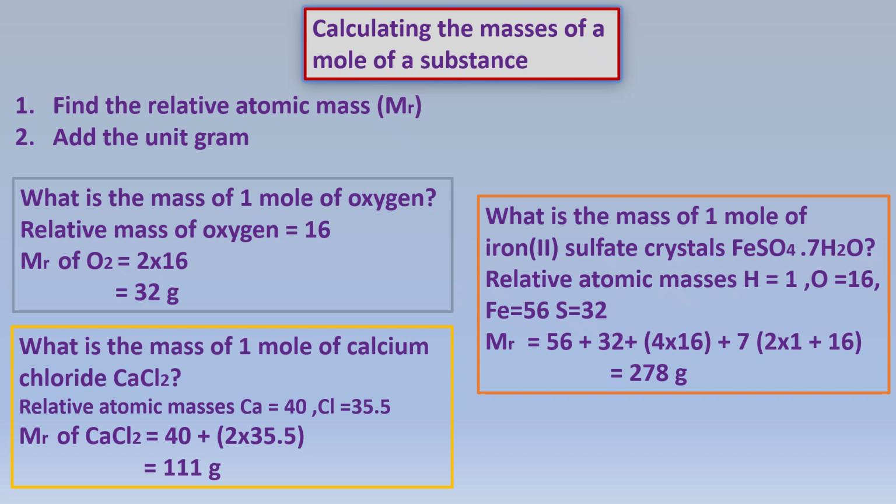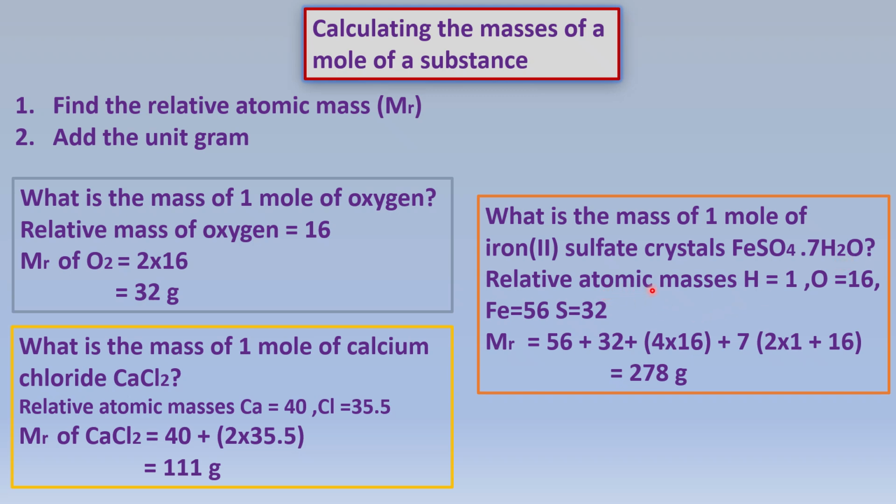Now another example. What is the mass of 1 mole of iron 2 sulfate crystals? Iron 2 sulfate formula is FeSO4. Since it's crystal, this means that it contains water. Iron sulfate comes with 7 molecules, or crystallized with 7 molecules of water.